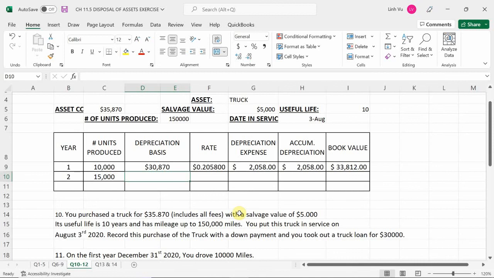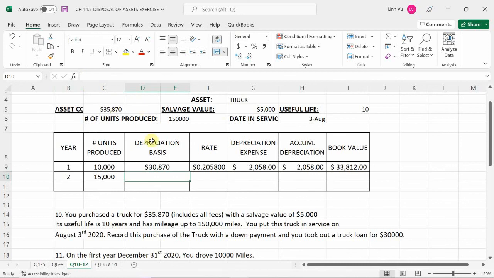No. I don't know where you're getting that number from. Are you taking the book value minusing something? I'm taking the asset minus the 15,000. No, this is a unit. This is in miles. You can't take miles away from a total cost.